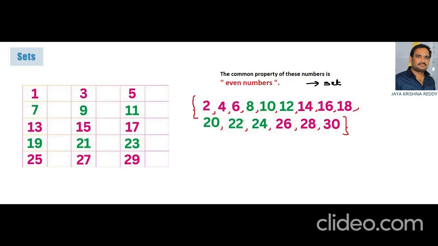Each number in this set is called an element. Then count how many elements are there in this set. 1 2 3 4 5 6 7 8 9 10 11 12 13 14 15. So 15 elements are there in this set, and you can observe all the elements are unique.